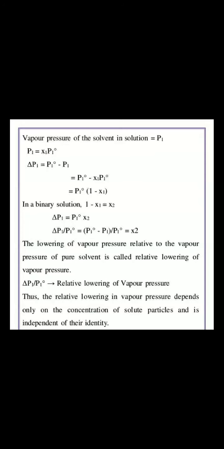Now, P is equal to P1 naught when x1 is equal to 1. Delta P, that is lowering of vapor pressure, is equal to P1 naught minus P1, where P1 corresponds to the vapor pressure of solvent from solution.